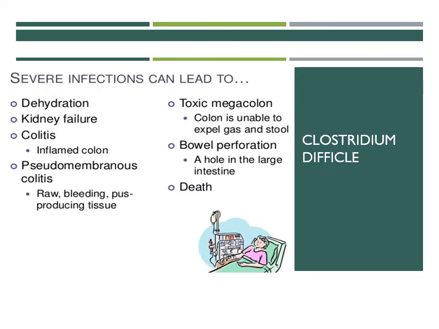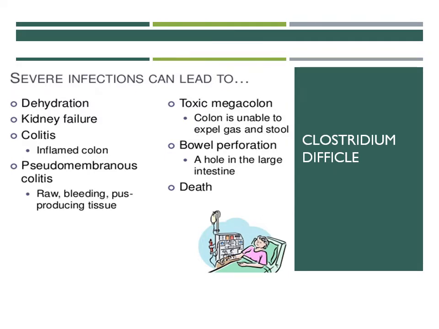It looks like raw beat up meat. It's inflamed, it's bleeding, it's got white streaks of pus on it. That's pseudomembranous colitis.